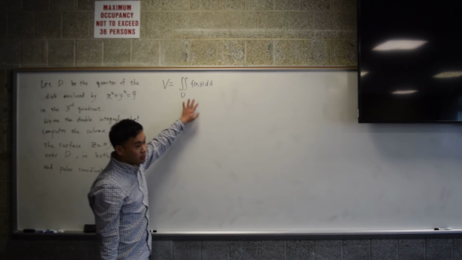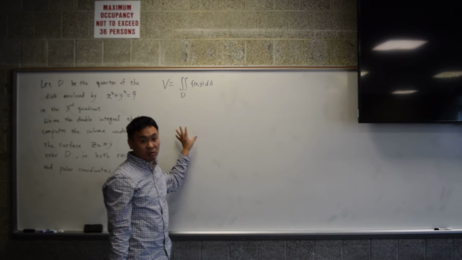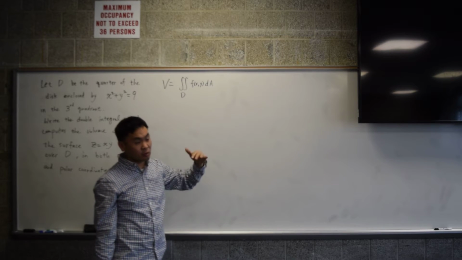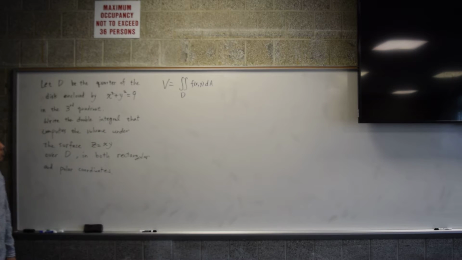Just like in the one-dimensional case, if you integrate the function over some interval, it's the area under the graph over that interval. Right? So that's what we're trying to do here.